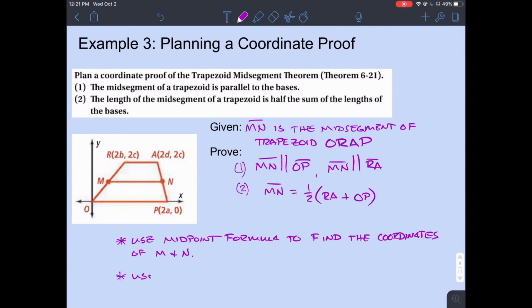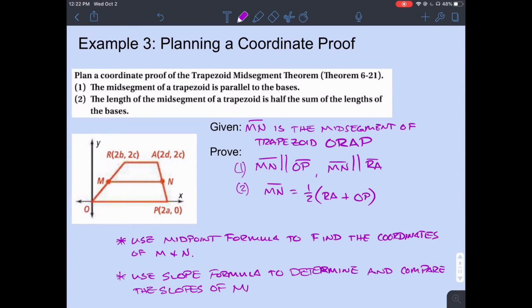So we're going to use the slope formula to determine the slopes of MN, OP, and RA, and compare them, because we want to see that they are the same.